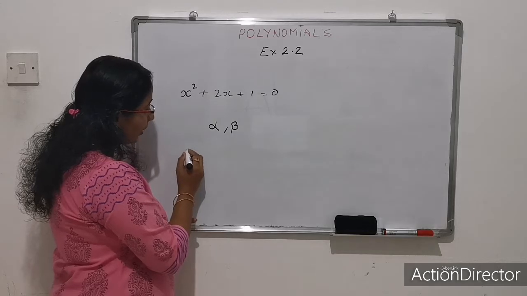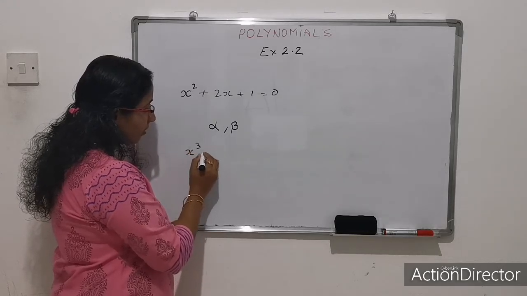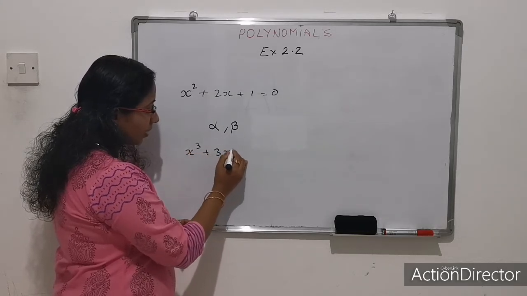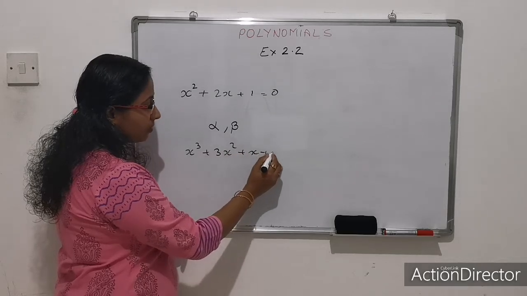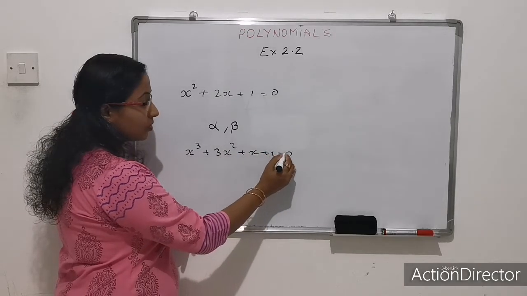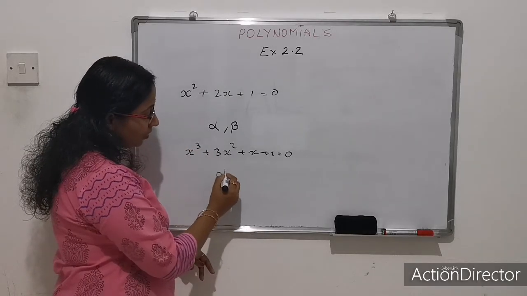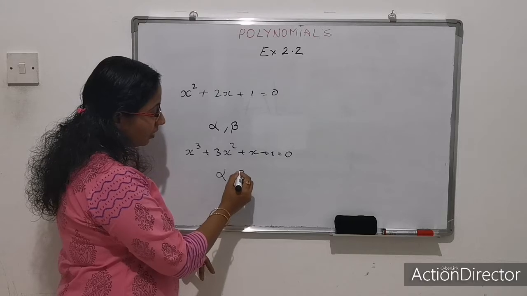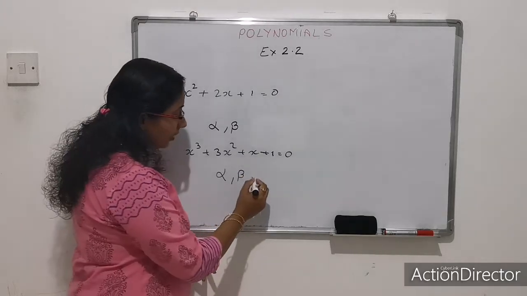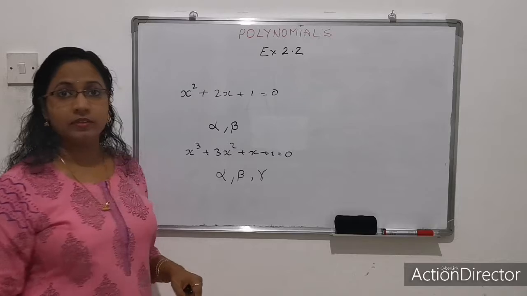And if it is a cubic polynomial, that is x cube plus 3x square plus x plus 1 is equals to 0, suppose this is the equation. This is 3. So the zeros become alpha, beta and gamma.